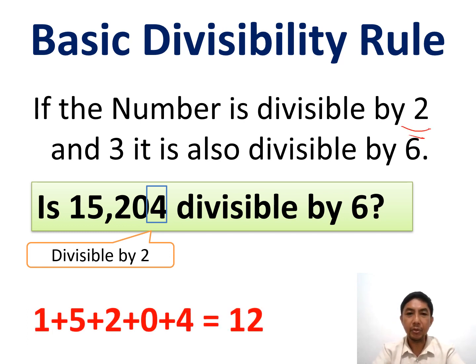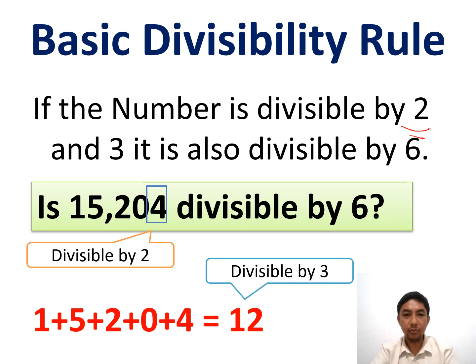Then, if you add the digits of the number, which is 1 plus 5 plus 2 plus 0 plus 4, the answer is 12. And 12 is divisible by 3. So divisible by 2 and divisible by 3, therefore divisible by 6.